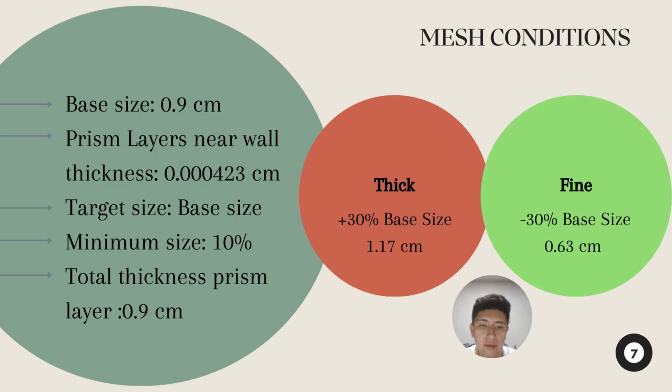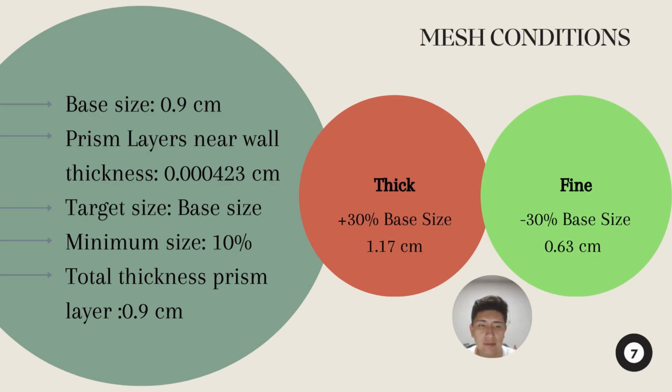In order to run the simulation in Star CCM, we need to set up the meshes. The first one we ran was with a base size of 0.9 centimeters and a prism layer near wall thickness of 0.000423 centimeters. The target size was the base size, and the minimum size was equal to 10%.